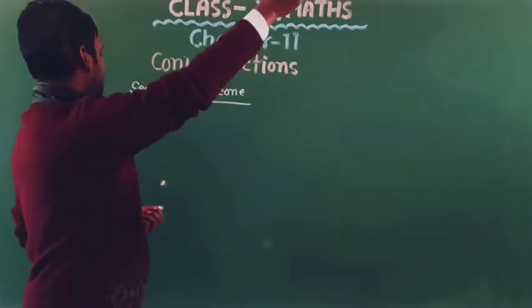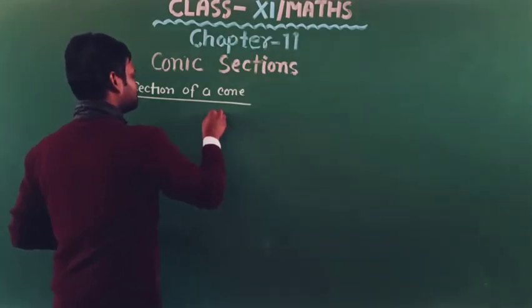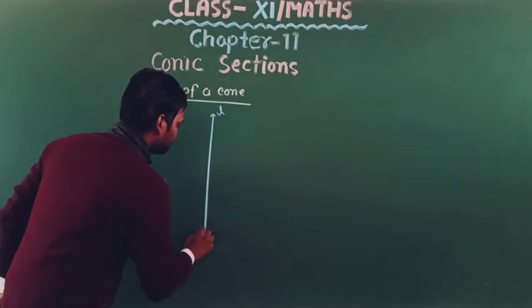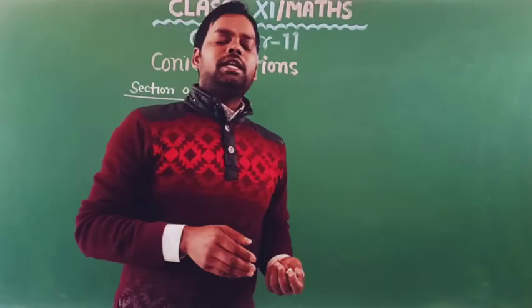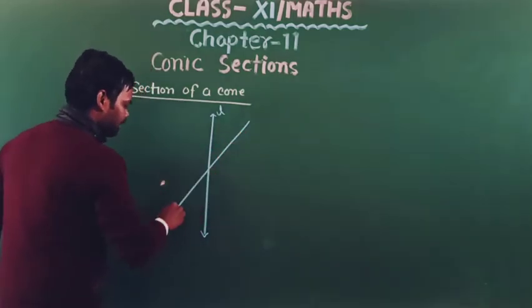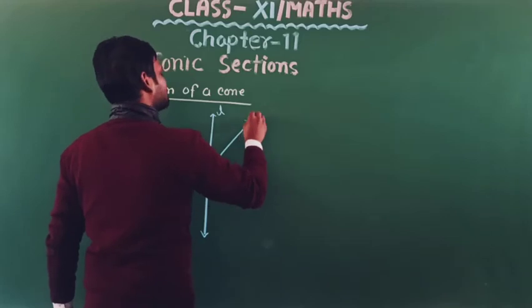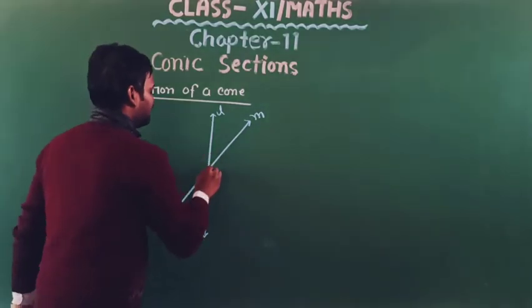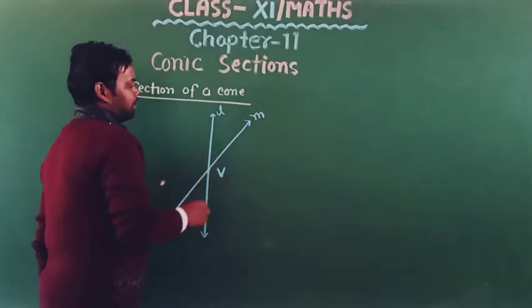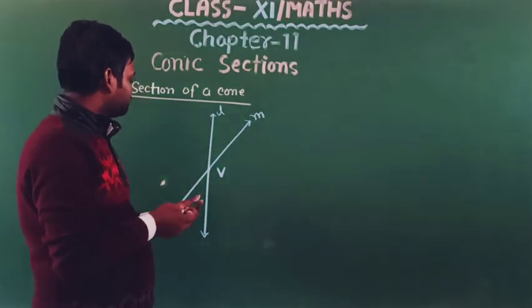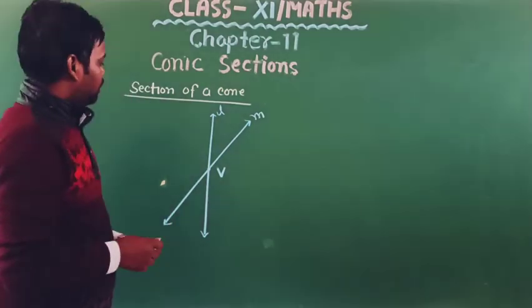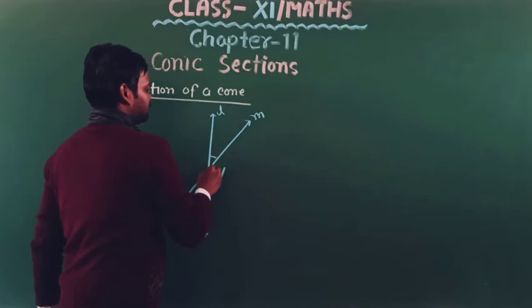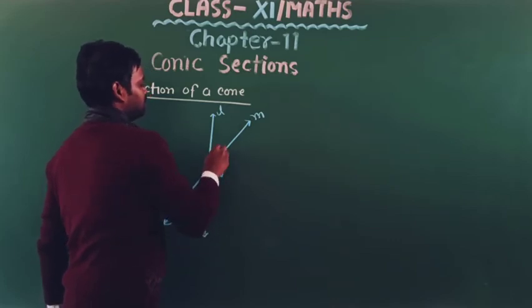Okay, so let a fixed line L and another slant line M intersect at B, intersecting the vertical line L at B. The angle made at the vertex B between the two lines is alpha.